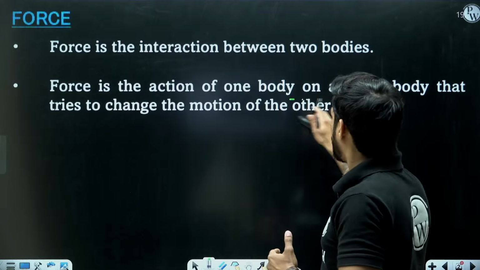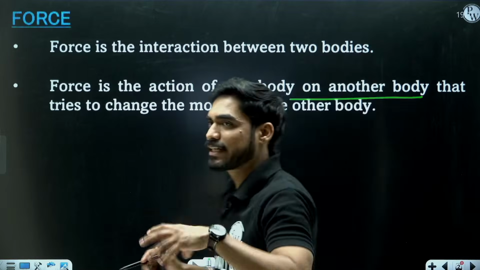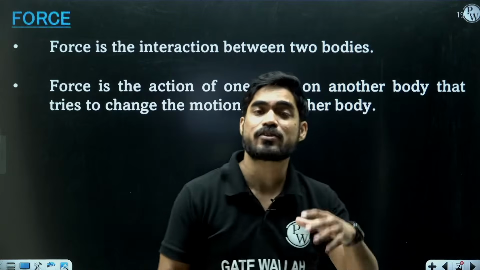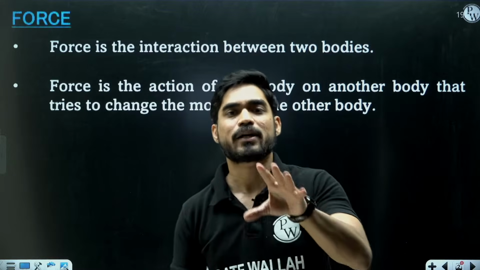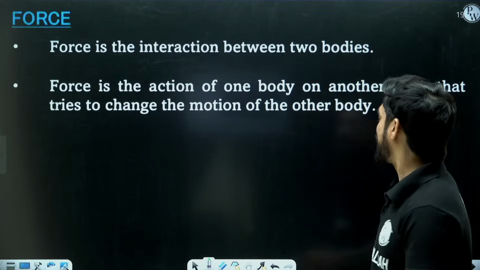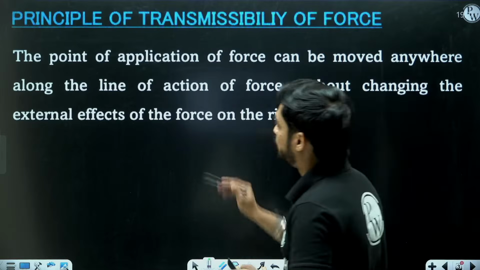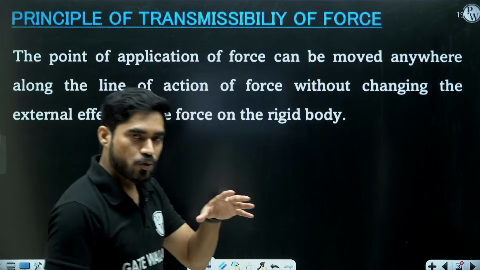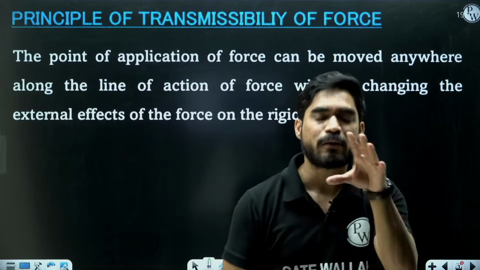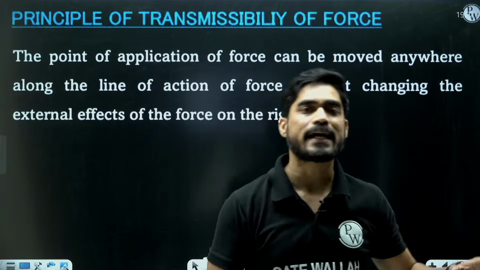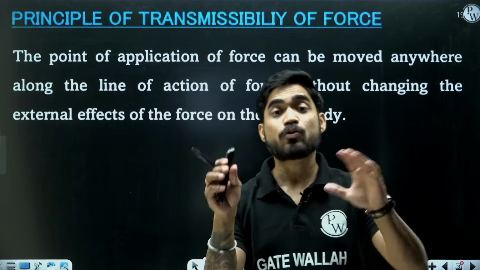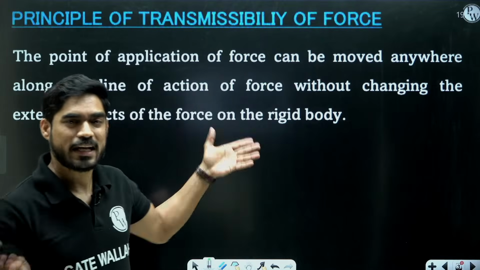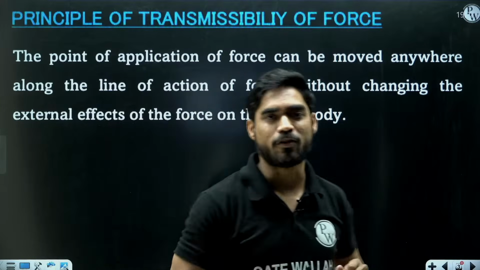And it is the action of one body on another body that tries to change the motion of the other body. Tries to change means it is not necessary that the motion will change, but it will try to change that. Then after that we talked about the principle of transmissibility. What is the principle of transmissibility? You can move the point of application of a force along its line of action anywhere without changing any external effect. In engineering mechanics, we only find the external effect of force.